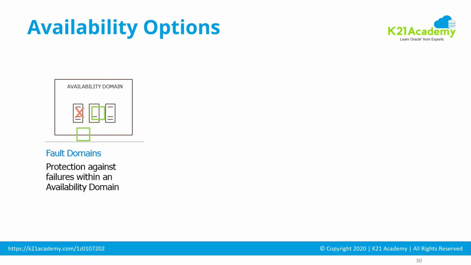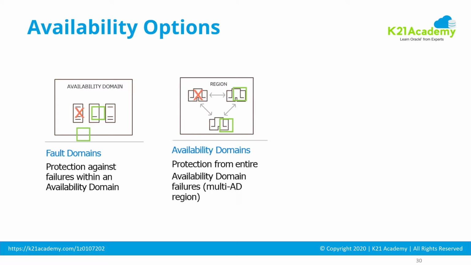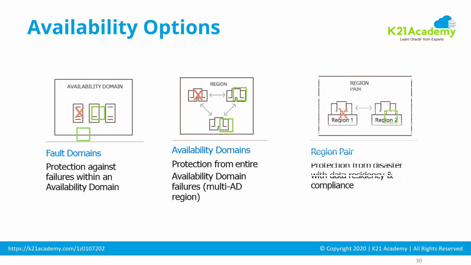Then you'll be configuring them within an availability domain, but across fault domains for high availability within a data center. Or if you want high availability across data centers, then if a region supports multiple availability domains, you're going to deploy them across multiple availability domains. Or you can configure them across regions to avoid any region failures.